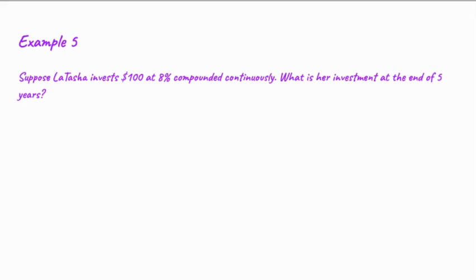Suppose Latasha invests $100 at 8% compounded continuously. What will her investment be at the end of 5 years' time? So this is a separate formula, and it's P times e to the r t, and your e is your exponential function. So you'll need to find your e on your calculator. It's usually right around where the logarithm is. With the natural log you just press the button, whereas with the e to the x, you press second and the button.